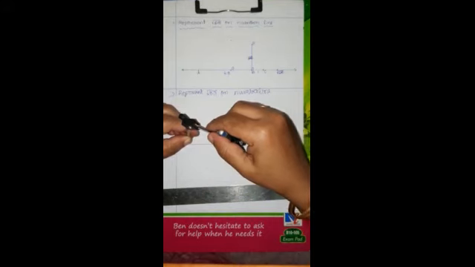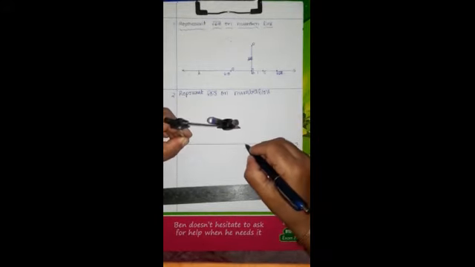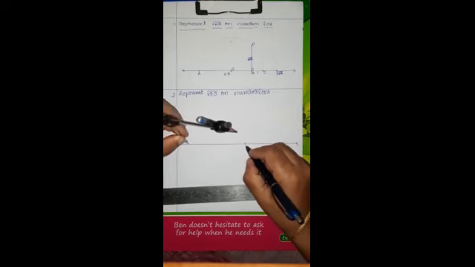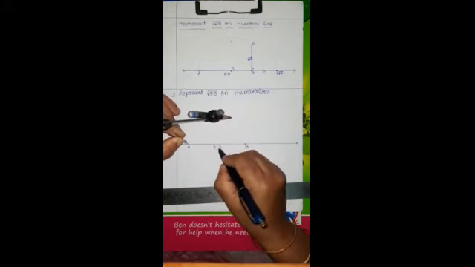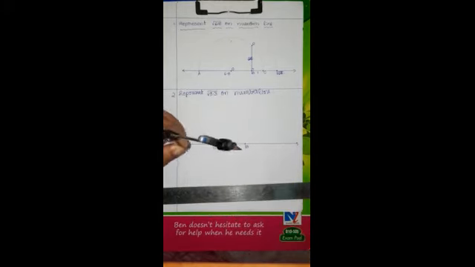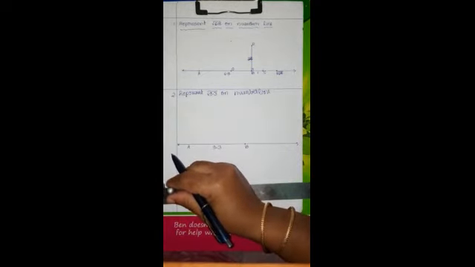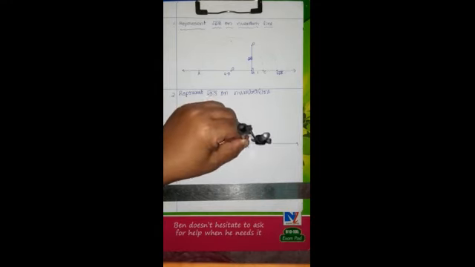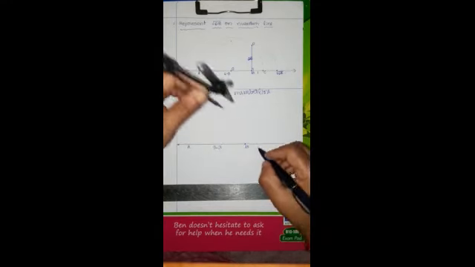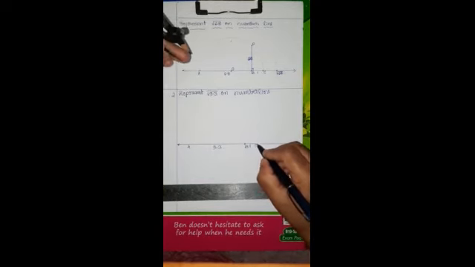See here, this is AB and the length is equal to 9.3 unit or 9.3 centimeter. This is B and this is A. From B, take 1 centimeter length and draw or take BC is equal to 1 unit. This is 1 unit.